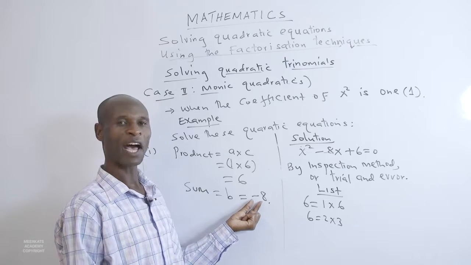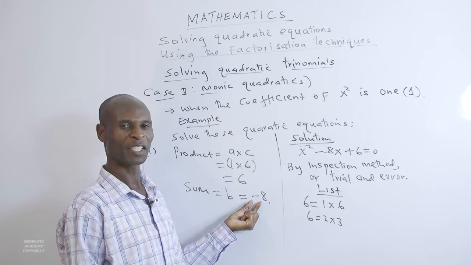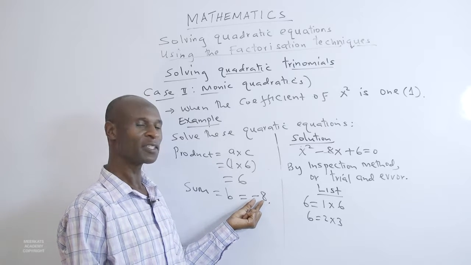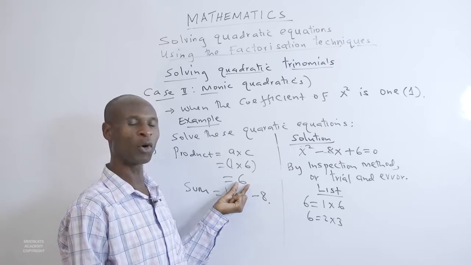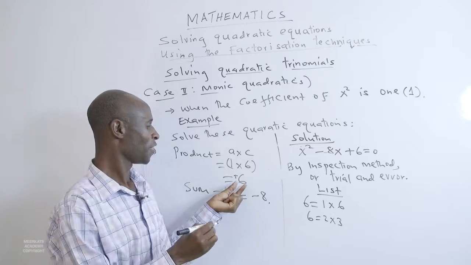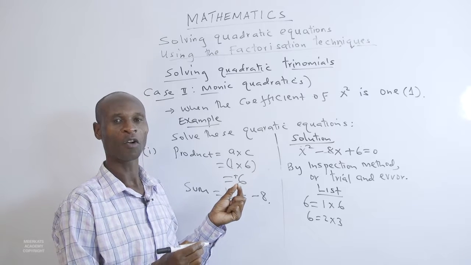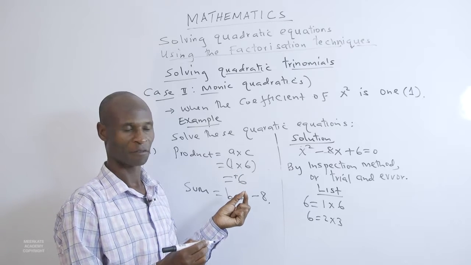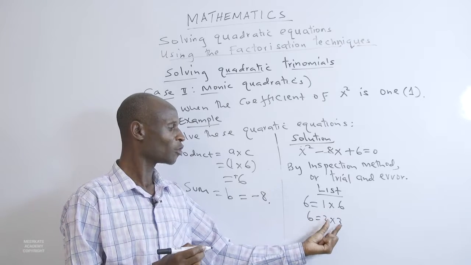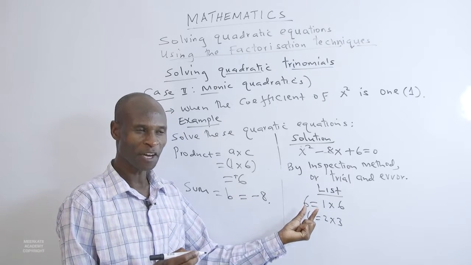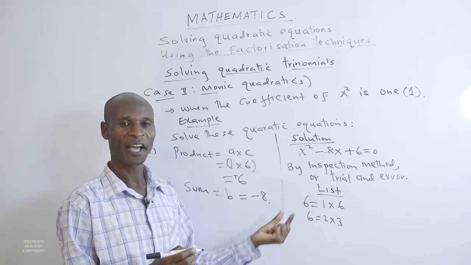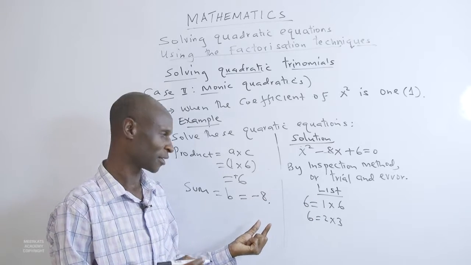But when you look at the product, it must give you 6. So it means for the product to be positive, the two numbers must be both positive or both negative. So we only consider positive numbers that give 6 or negative numbers that give 6.